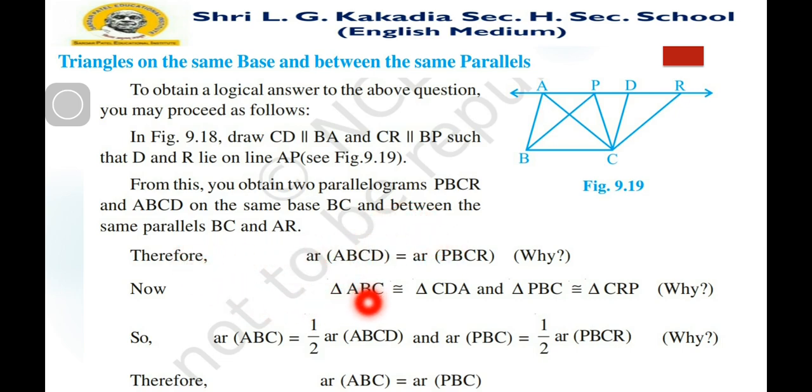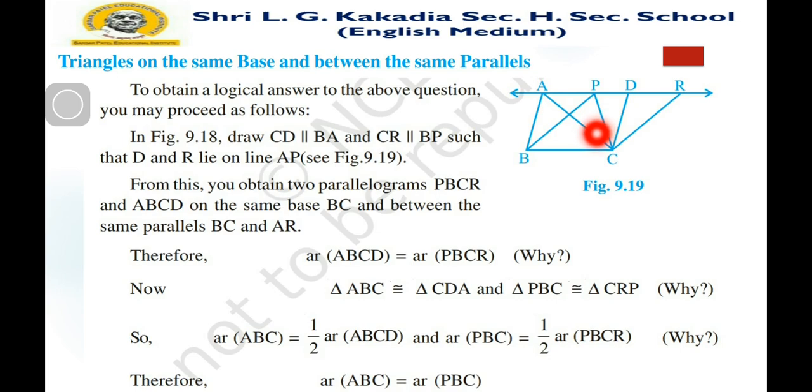Now triangle ABC is congruent to triangle CDA. As you know, AC is a diagonal of the parallelogram, and the diagonal of a parallelogram divides it into two congruent triangles, that is ABC and CDA.